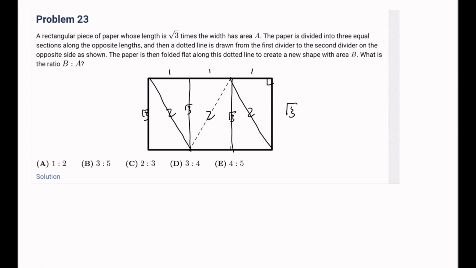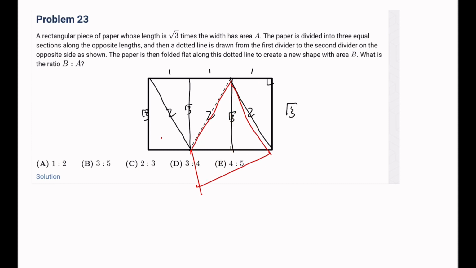And yeah, let's focus on the folding part. If the paper is then folded flat along this dotted line, then that would mean, since these and these are equilateral triangles, that this part would just flop over to make something like this, right? And so this part will come over like this, and so the area of that would be this much, right?